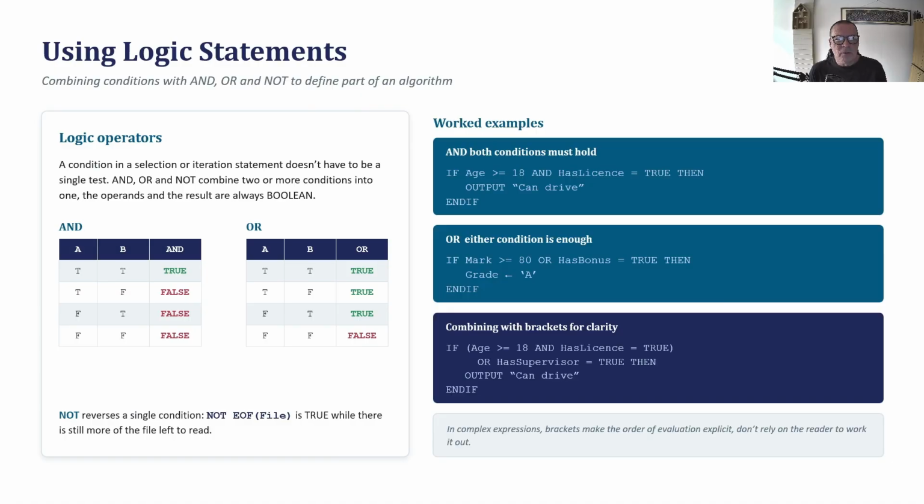And in your algorithms, you will need to be able to use logic statements and to combine conditions to make compound conditions with Boolean operators. So we've got and, or, and not we can use to combine things. So and means both things have to be true for the condition to be true, or means either of them need to be true for the condition to be true, and not inverts a value.